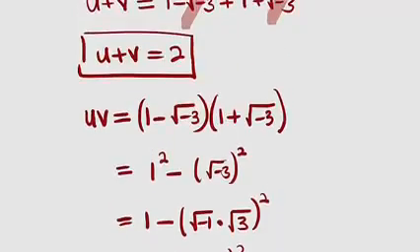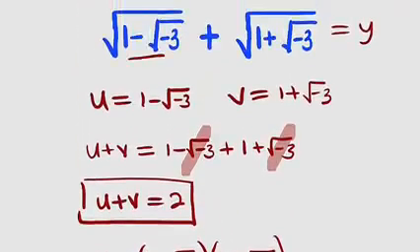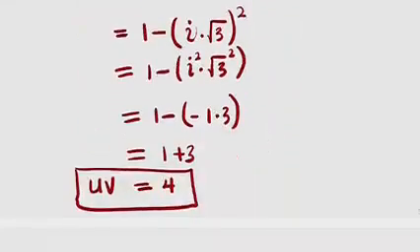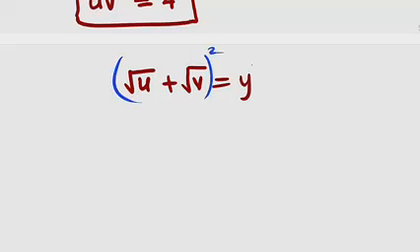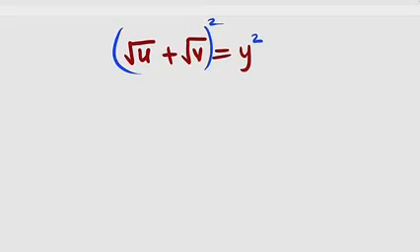But remember that we let these radicands be equal to u and v respectively. Therefore, the square root of u plus the square root of v is equal to y. Now, I would like us to square both sides of this equation. Square this, and you have to square the other side.